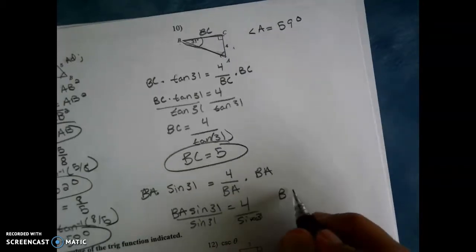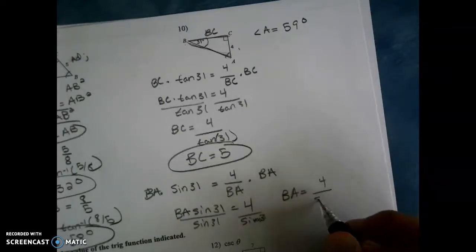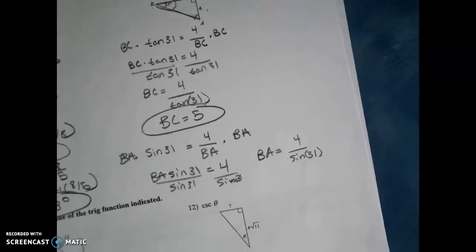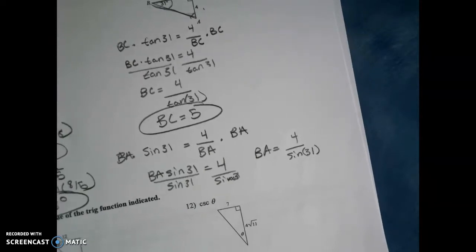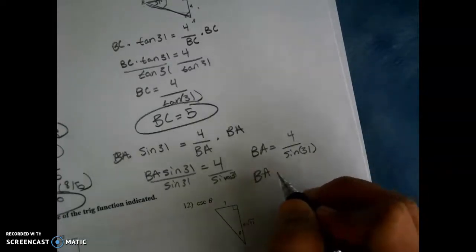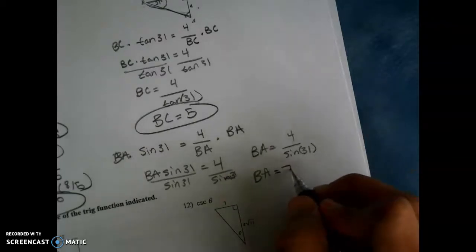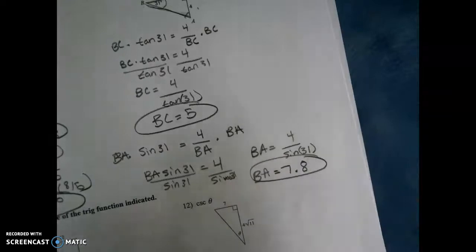And I have BA is equal to 4 divided by the sine of 31. Plug that into our calculators. We get BA is equal to 7.8. Boom. Okay, so there are our 3 answers for that one.